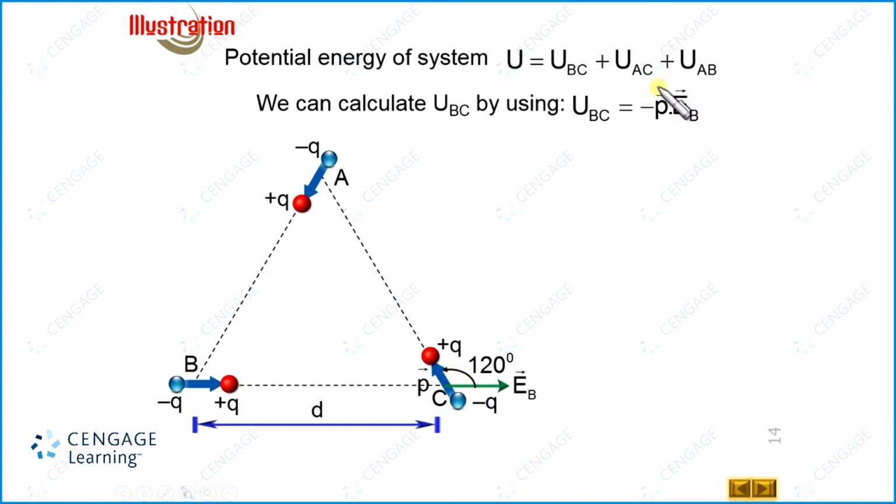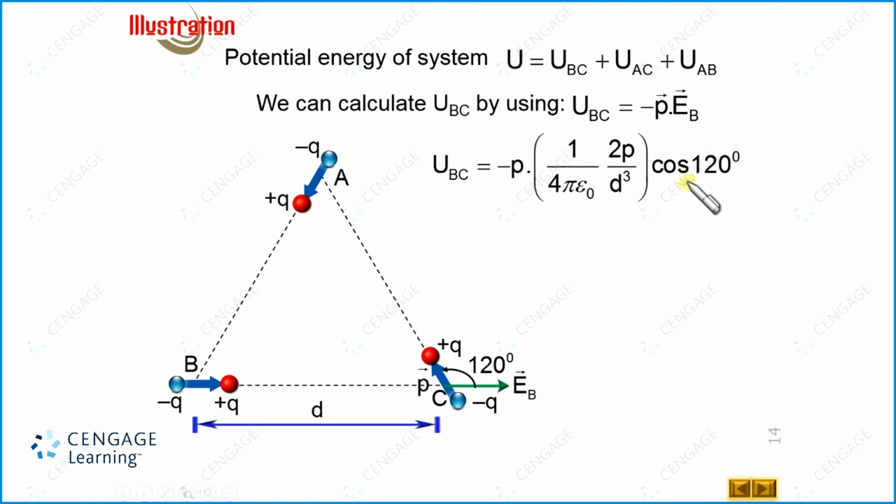Now we can write this dot product as P multiplied by the electric field because of this dipole, and we know the electric field EB is equal to 1 upon 4 pi epsilon naught times 2p divided by d cubed. So this is minus p multiplied by this magnitude multiplied by cos 120 degrees. And cos 120 degrees is equal to minus 1 by 2, minus and minus will be positive, and 1 by 2 and 2 will cancel out.